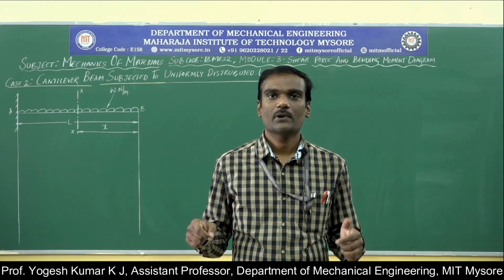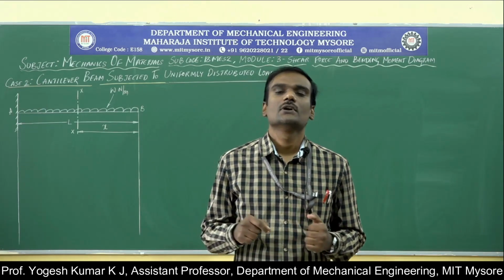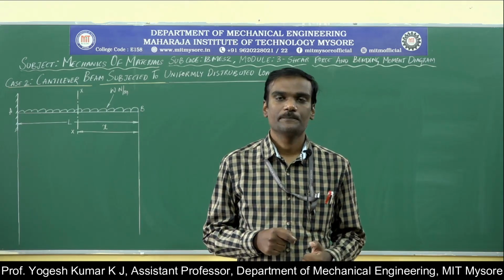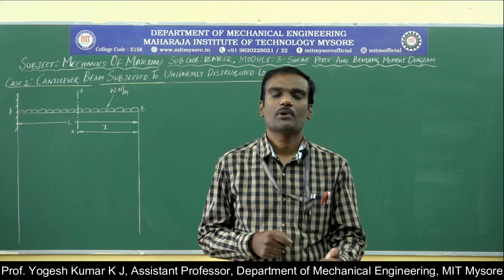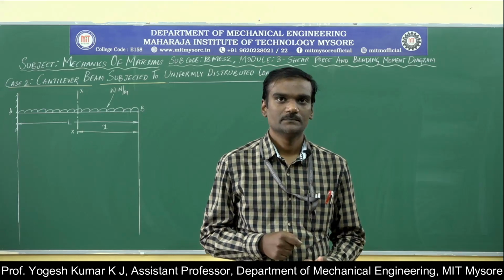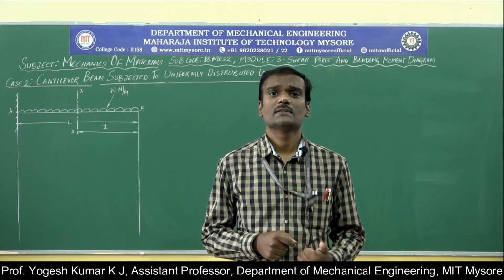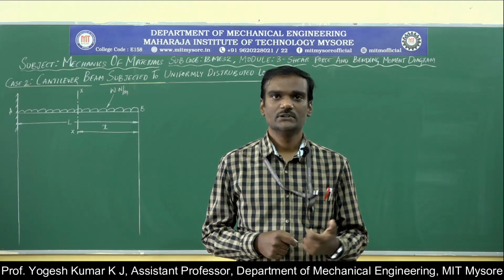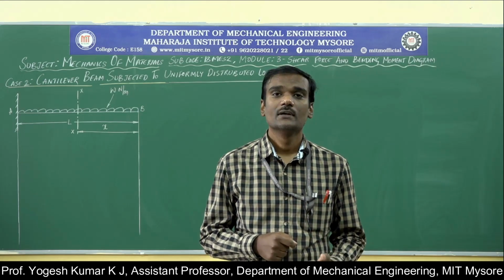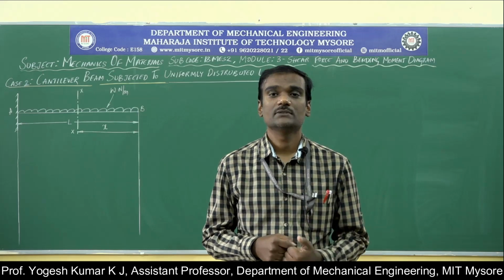So in these scenarios, what we should do is convert this UDL into a point load, so that it is convenient for us to solve the problem. How to convert this UDL? The unit of UDL is Newton per meter. I want the load in terms of Newton.